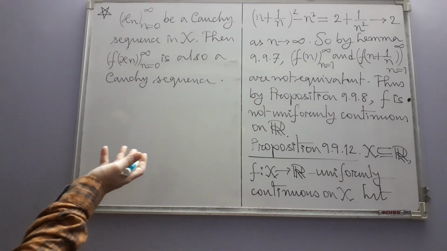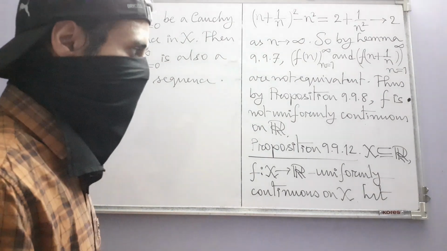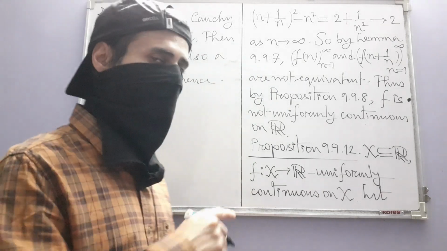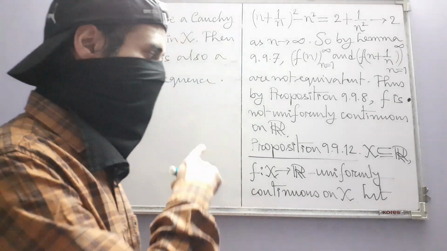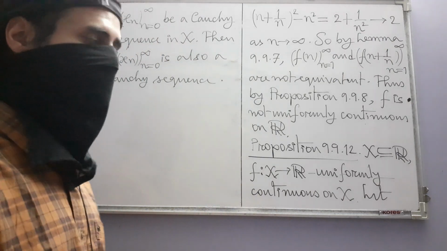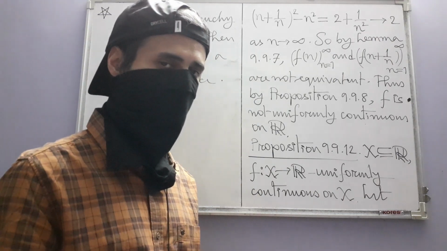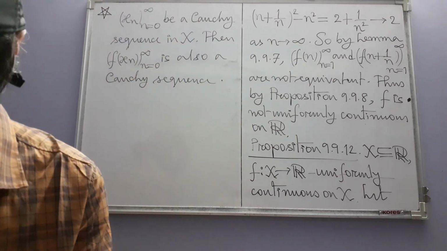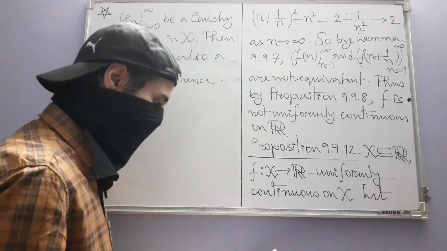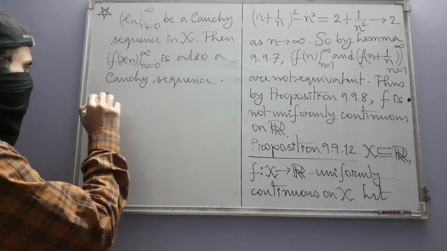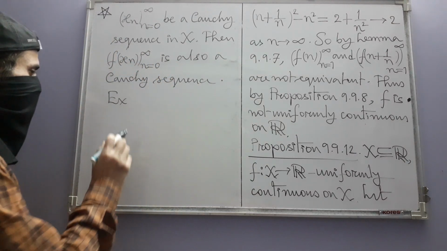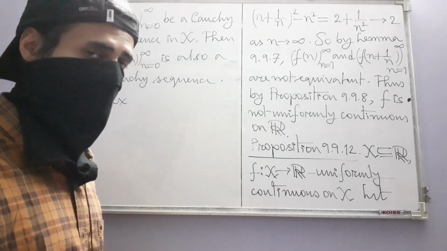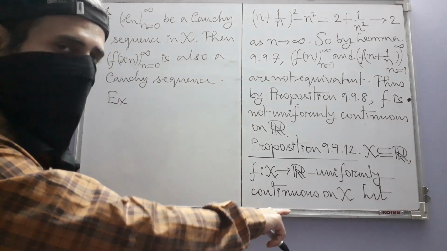Now, using this new criterion, we can go back to one of the functions, namely that 1 over n function, and using this result, we can again show that that function is not uniformly continuous on open interval 0, 2. And that is example 9913. It's a simple thing. Instead of using the criterion involving equivalent sequences, we are using this criterion.